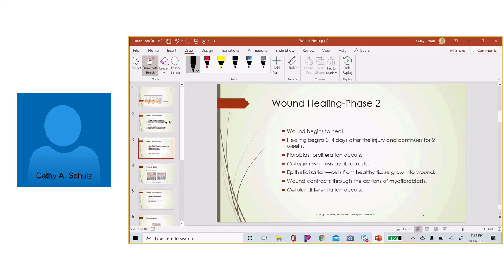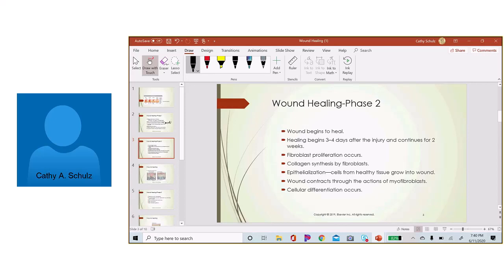When we get to the second phase, which is kind of after the initial inflammatory response and then continues on for the next 2 weeks or so, we have to grow in the area where the tissue injury occurred. So oftentimes people talk about wound healing in terms of skin injuries, but this has to happen inside as well. You know, if there's an internal injury, the same process takes place.